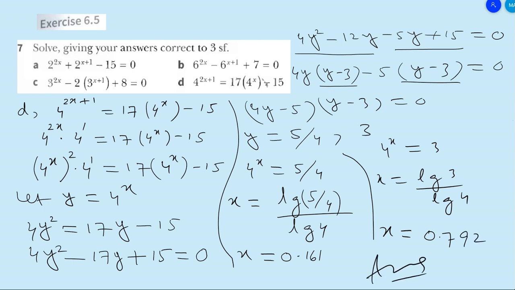So two values of x have arrived. One is 0.161 and the other is 0.792. So 100% correct answer, but the mistake was in the calculator, not in the question.